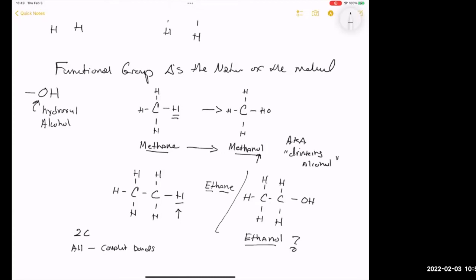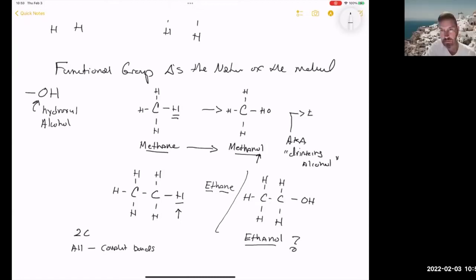ETOH. Yes, that is the symbol, ET. And now you all know where that comes from. ET is eth. OH is the hydroxyl group, making it an alcohol, right? That is why drinking alcohol is symbolized as ETOH.